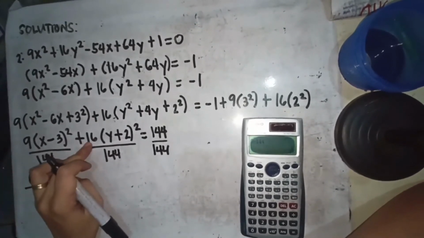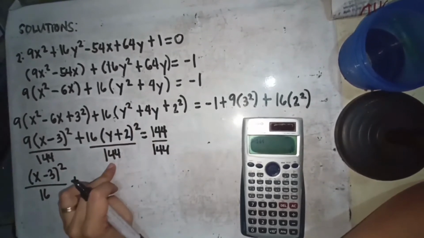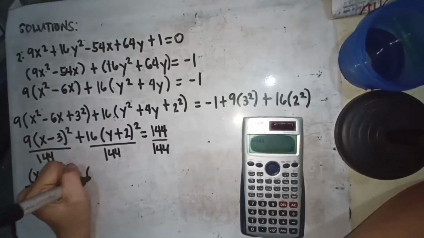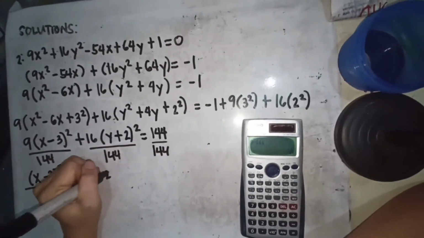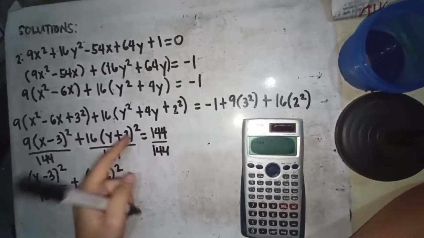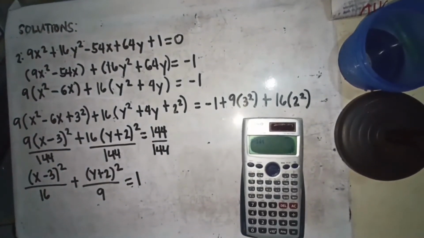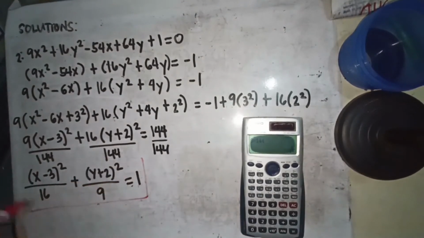Plus, we have 16 times quantity y plus 2 squared divided by 144, that will be y plus 2 squared all over 9. This is equals to 1. So, we have 1. Okay, we cannot simplify further. Therefore, this will be our final answer.